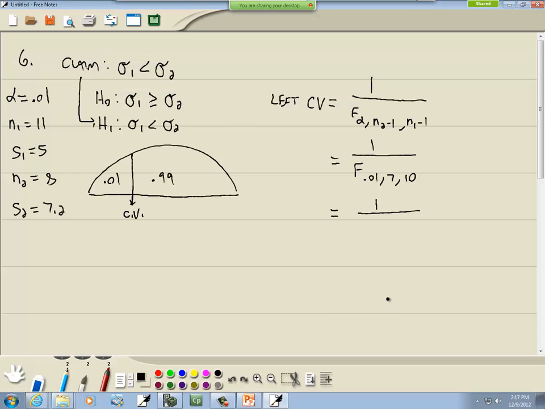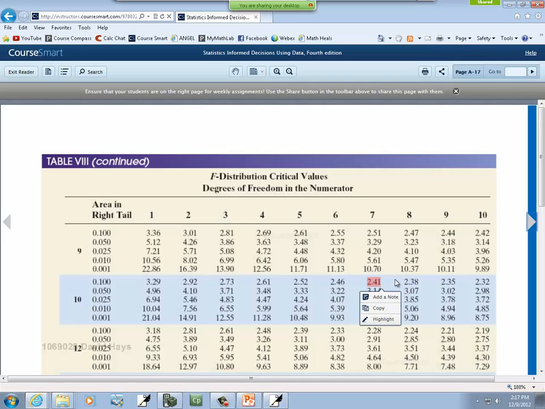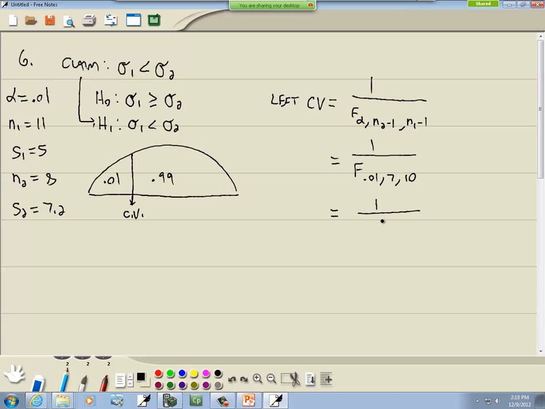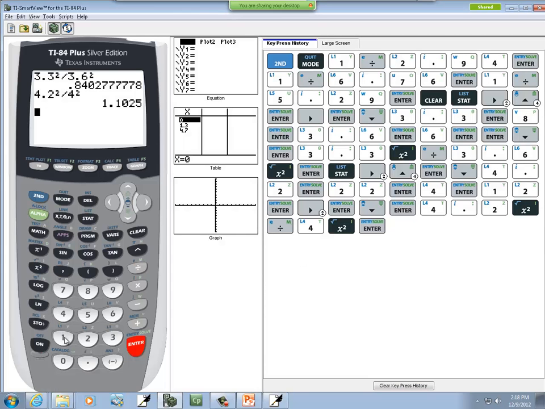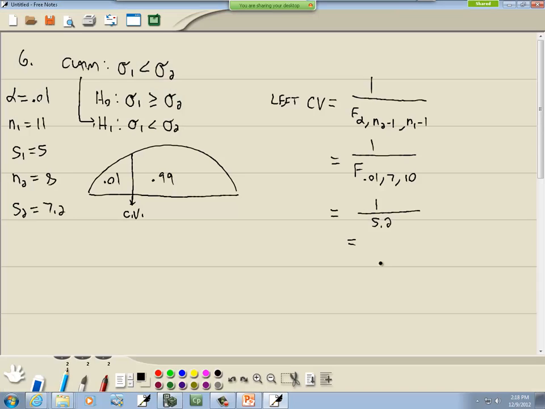And we're looking for alpha of 0.01. Alpha of 0.01, assuming my eyes didn't get off, would be 5.2. So this is 1 over 5.2. So 1 divided by 5.2 is 0.19. So this critical value is 0.19.